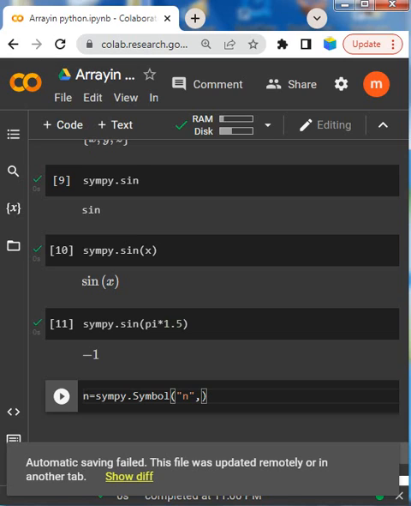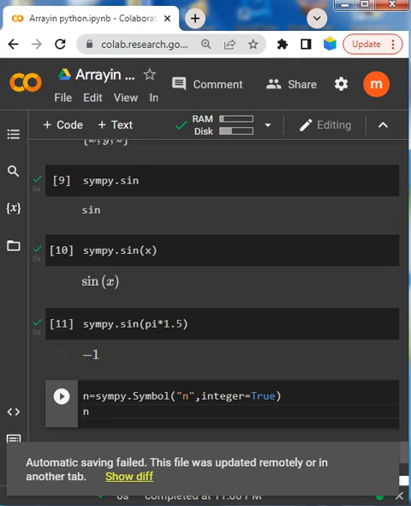So in z will equal to true, right? So see here, I am going to print n.